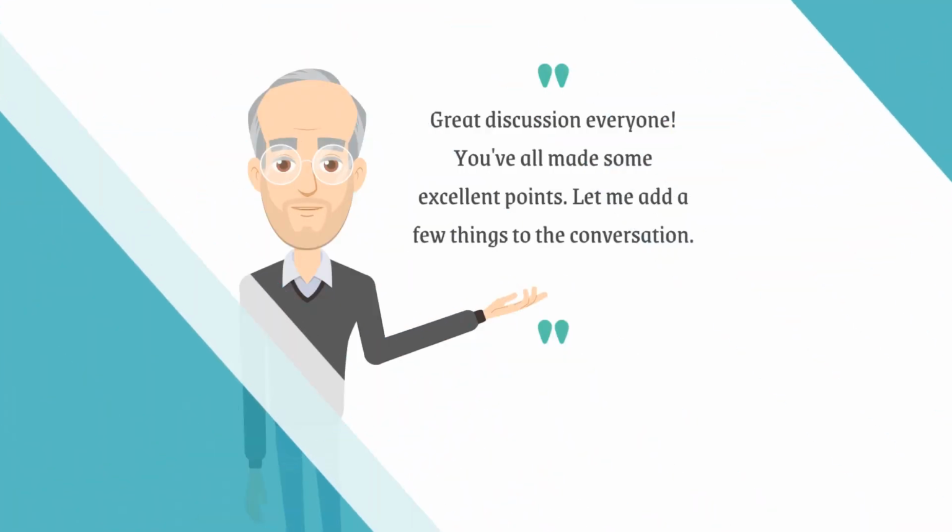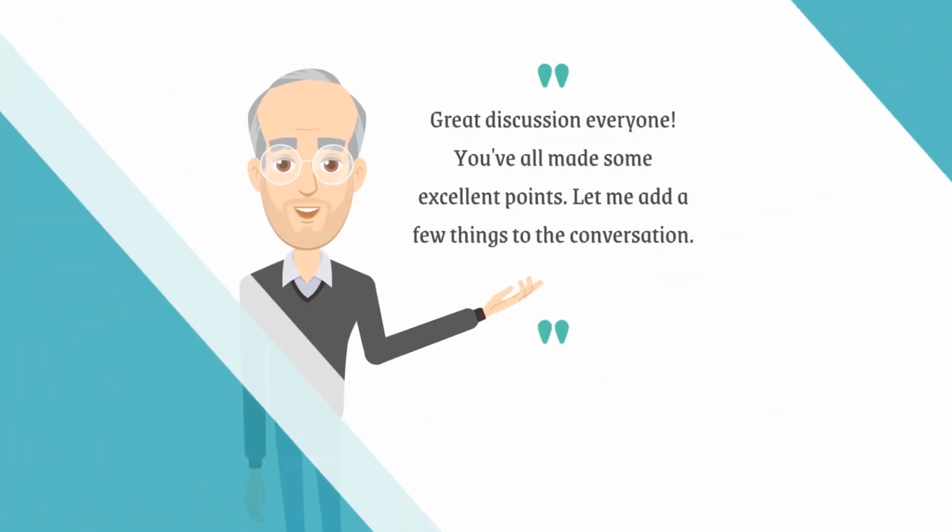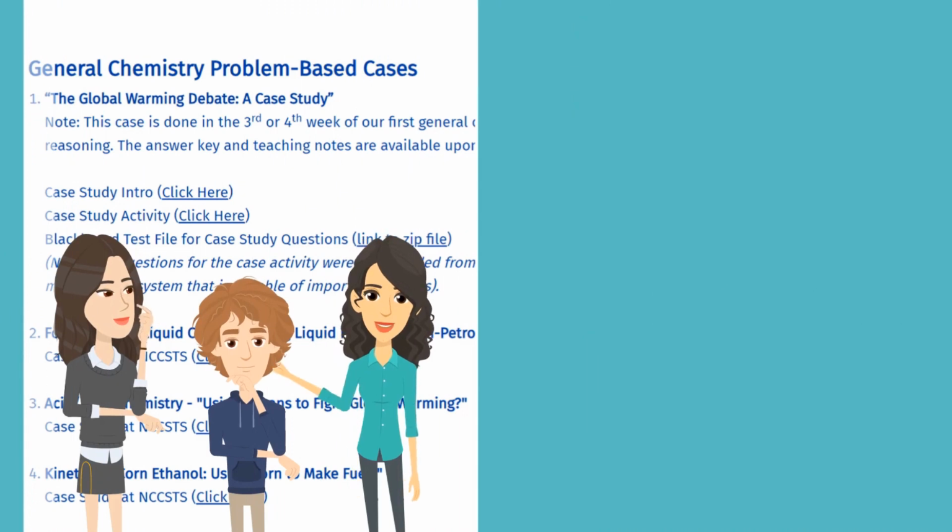Professor Eddie joins the discussion forum, providing valuable feedback to Arlene and her classmates. This is an example of a combination of the second and third types of interaction, learner to instructor and learner to learner interaction. Arlene is now working on a case study group project with two other classmates.